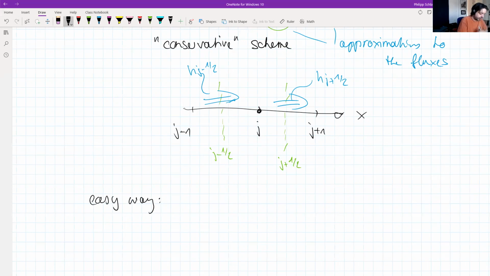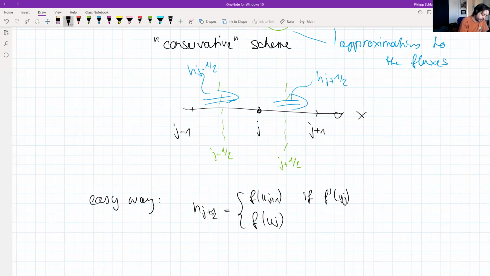of how to exploit this new formulation with the h's is simply that I say h at j plus 1/2 can just take two different solutions. Either it's f of u j plus 1, or it's f at uj, and I take it to be j plus 1 if f prime of uj is lower than 0, or it's the opposite if f prime of uj is larger than 0.